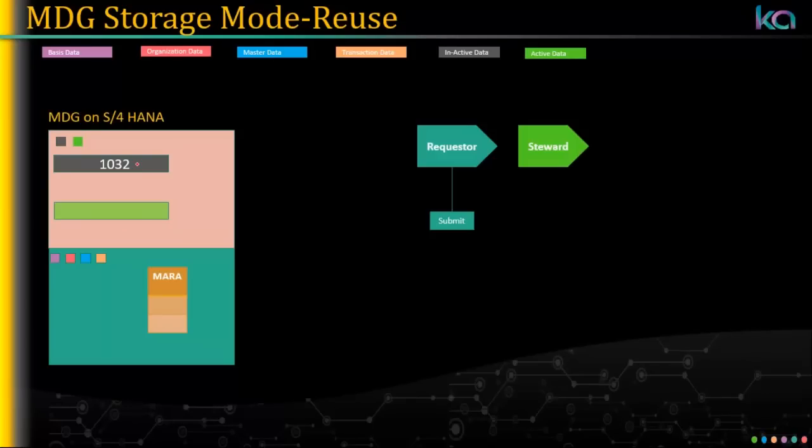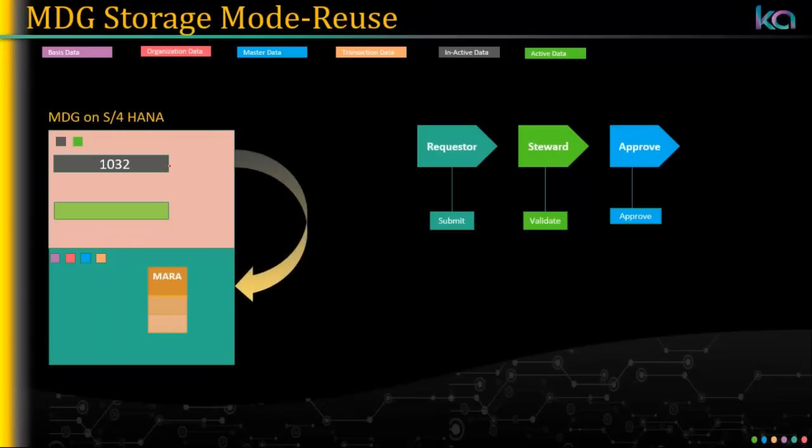Then after submit, it will go to the steward for the next level of validation, and finally it will go to an approver to approve the request. So on approval, the expectation is the data will move from the inactive area of MDG to the active area of MDG.